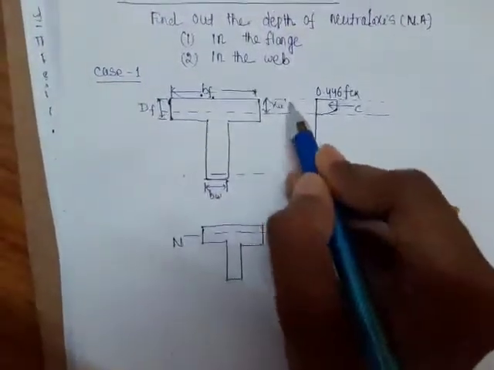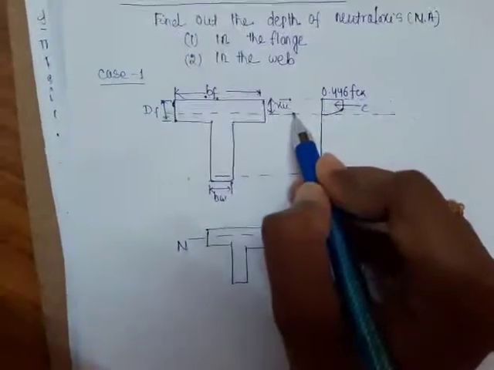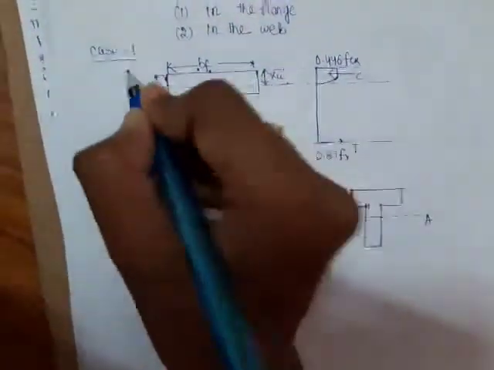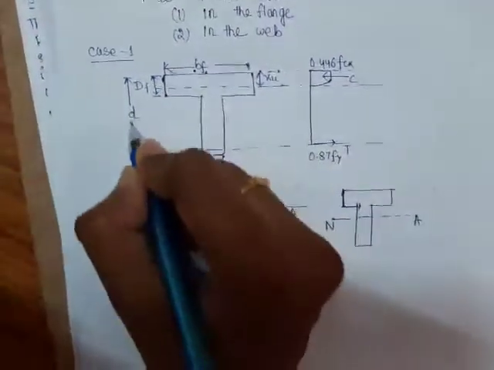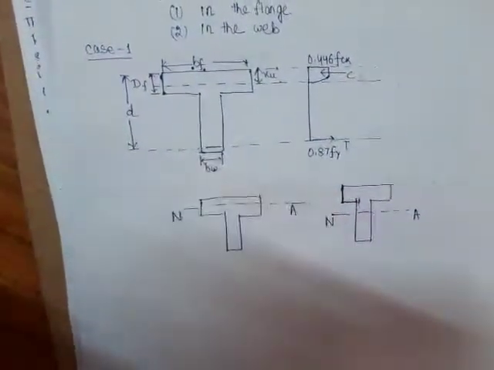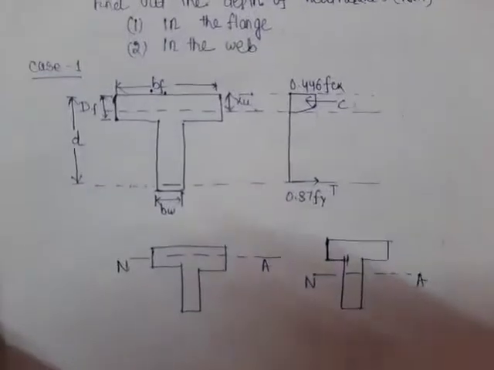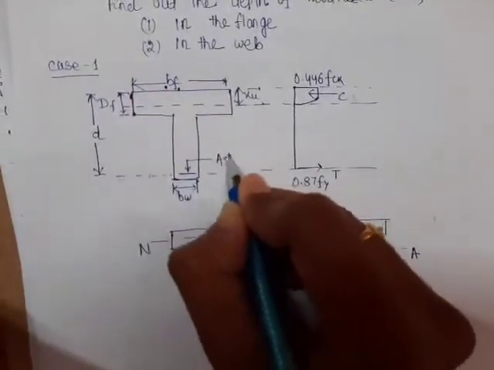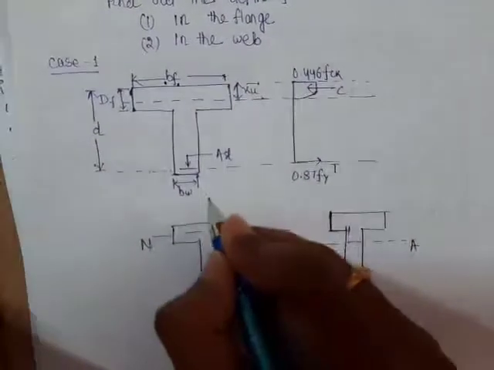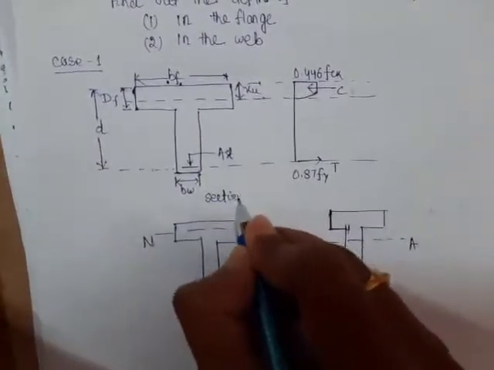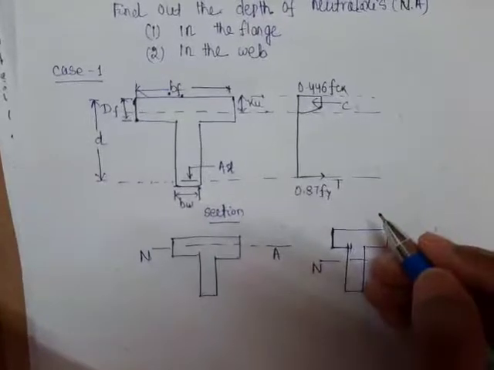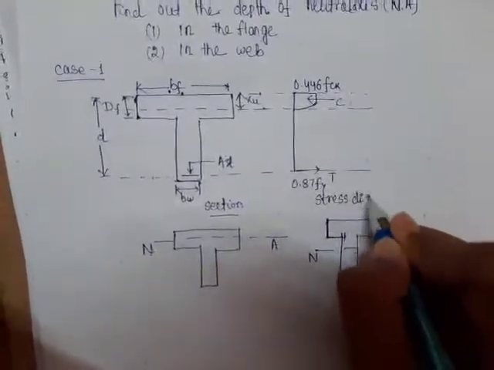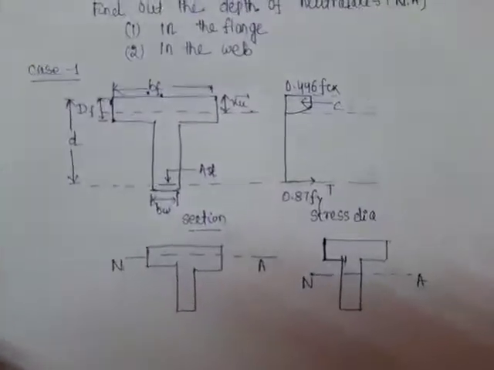So this is the position of XU, and your effective depth will be this one up to the centroid of tensile reinforcement. This is the AST. So this is the section of the T beam, and this is the stress diagram of the T beam.